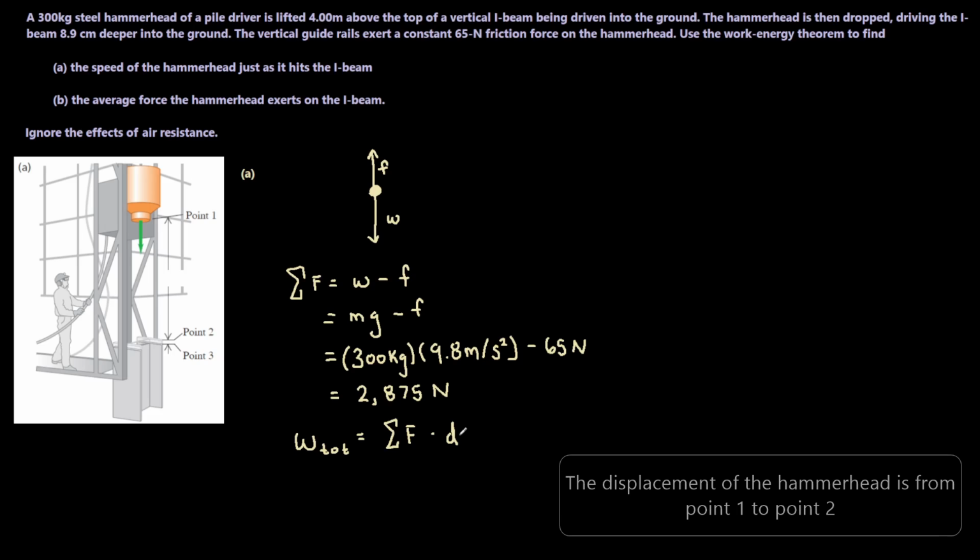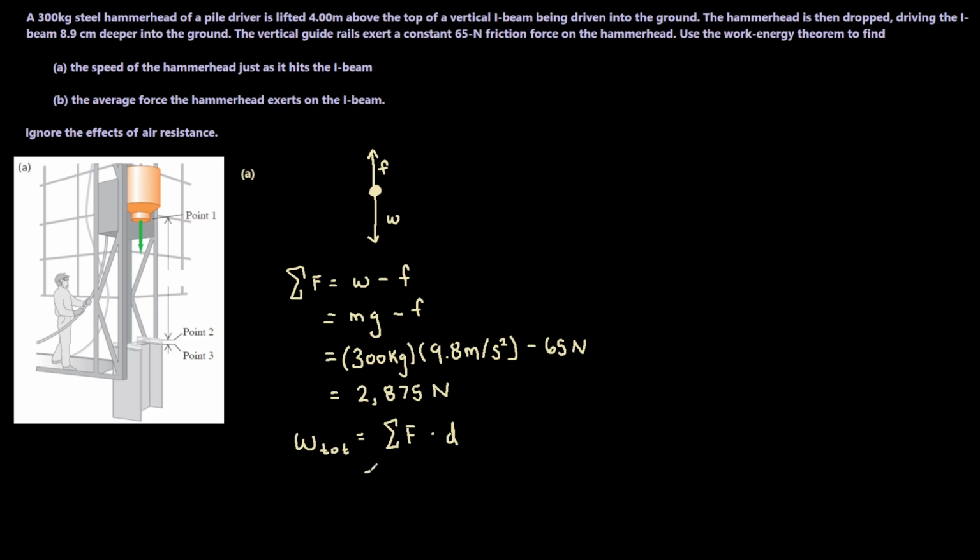And now we can plug in the numbers to get that our total work is equal to 2,875 newtons times our displacement, which is 4 meters, which simplifies to 11,500 joules.